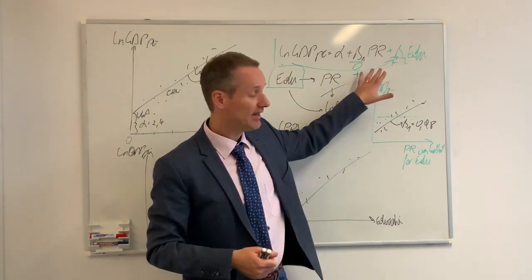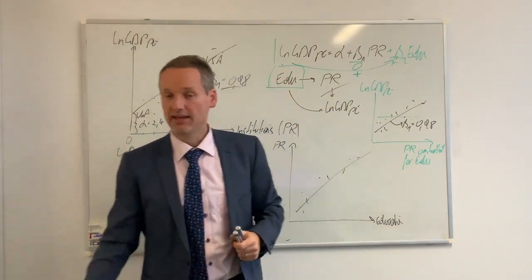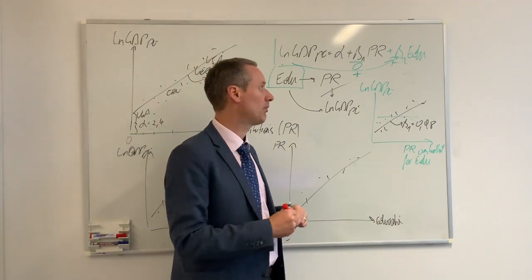Thus, by adding different variables, I can take account of so-called omitted variable bias.